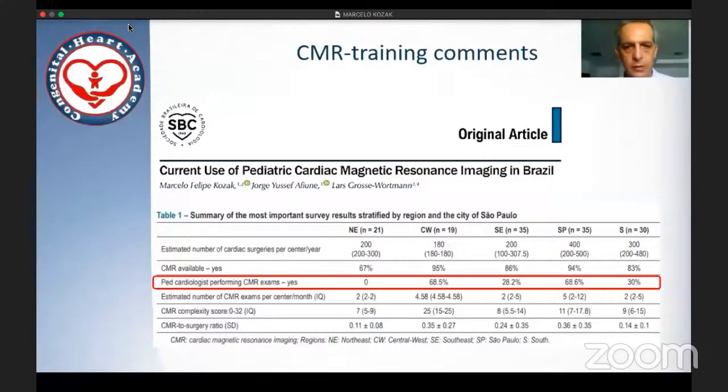Also in this table, you see that the places which have more pediatric cardiologists involved in the exams were the places which have a larger number of cases per month, where the CMR complexity score was greater, and where the CMR to surgery ratio was also greater.